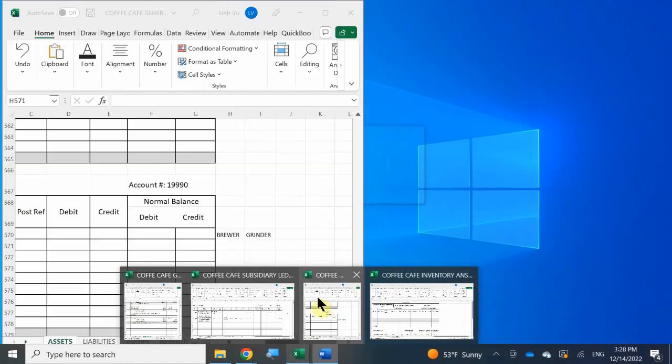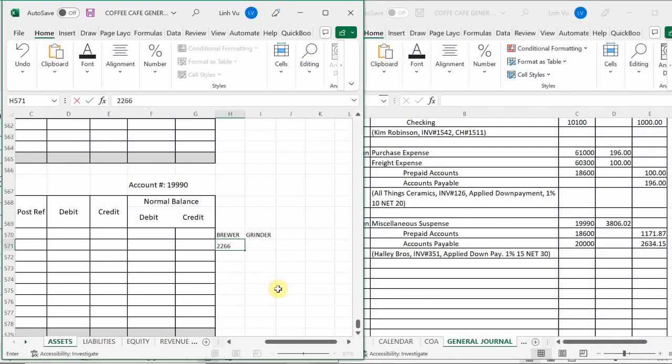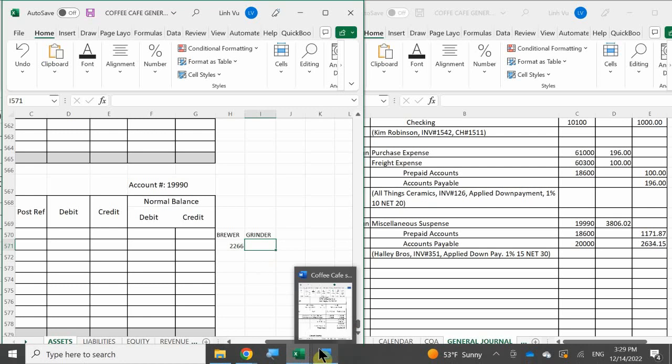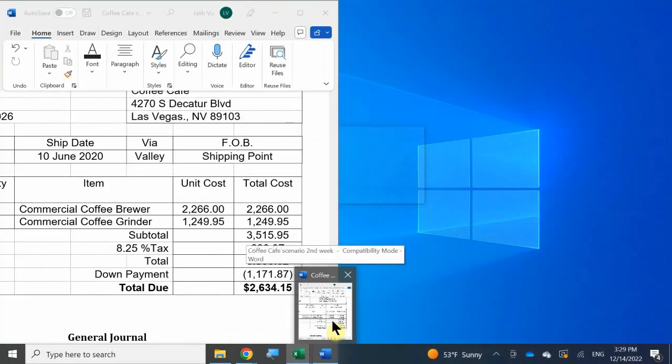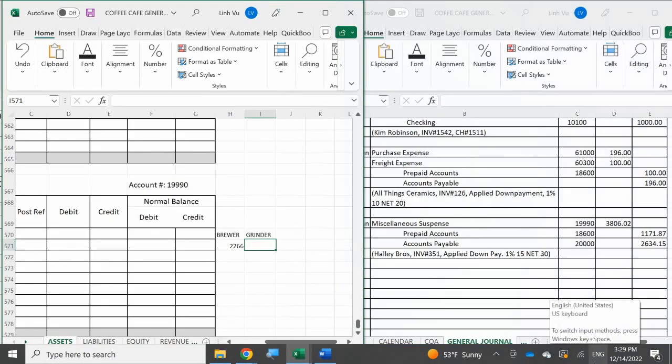How much was my coffee grinder? Coffee grinder was $1249.95. So right now, that should give you your total of $3,515.95. That's what we were quoted for.